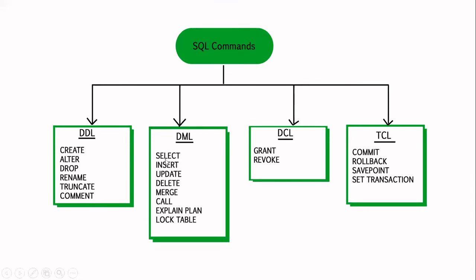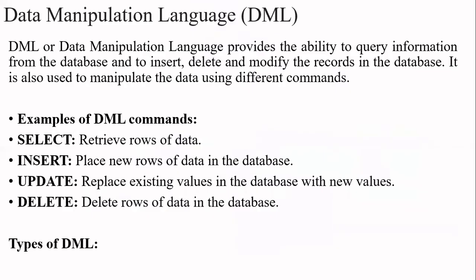That language is called what? Data manipulation language. So today we discuss all these things. So what is data manipulation language? Data manipulation language provides the ability to query information from the database and to select, delete and modify the record in the database.